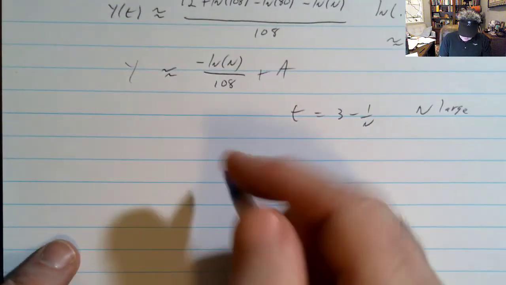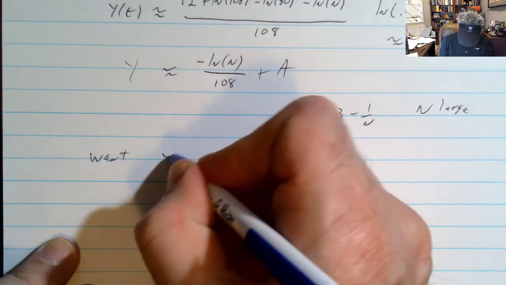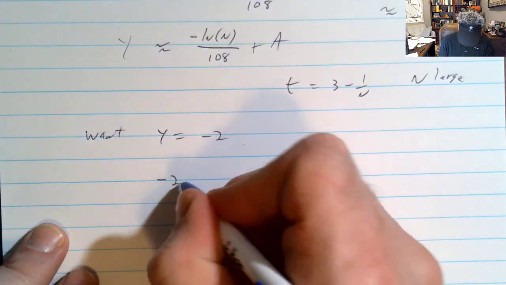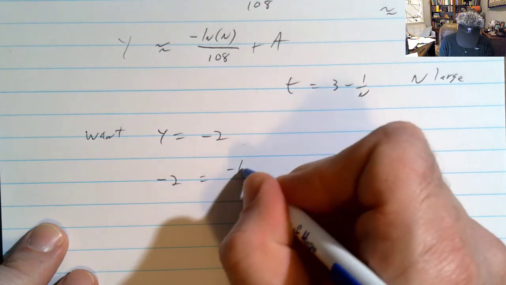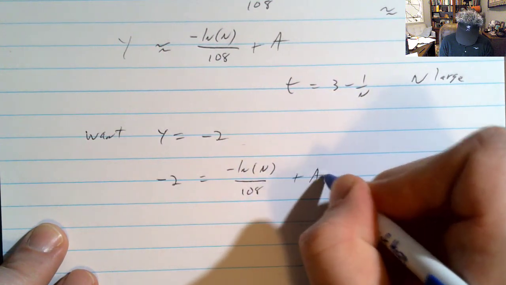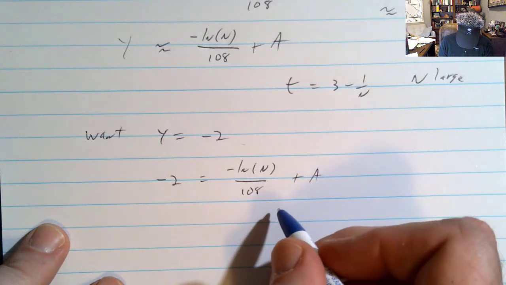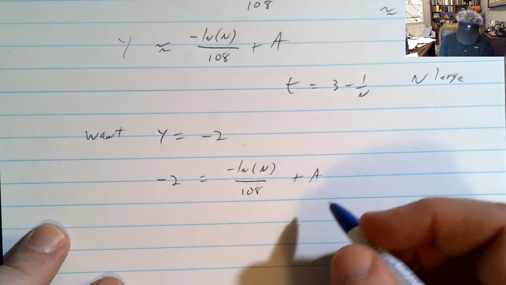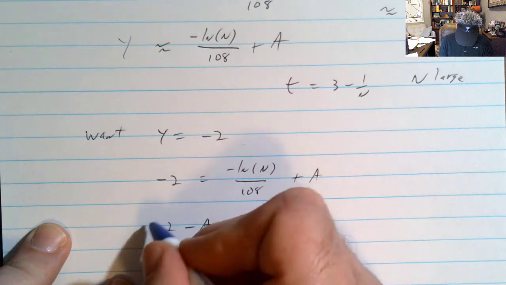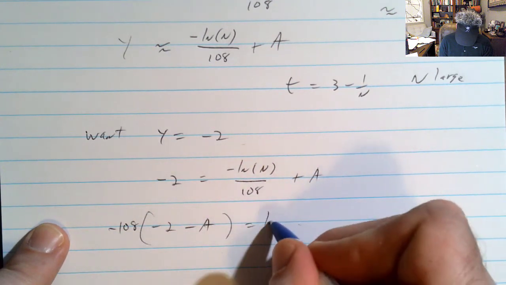And I can actually use that. What if I want y to equal -2, then you should have -2 equal negative log n over 108 plus a. You do some math. You'd subtract, so -2 minus a times -108, and that would be log n.